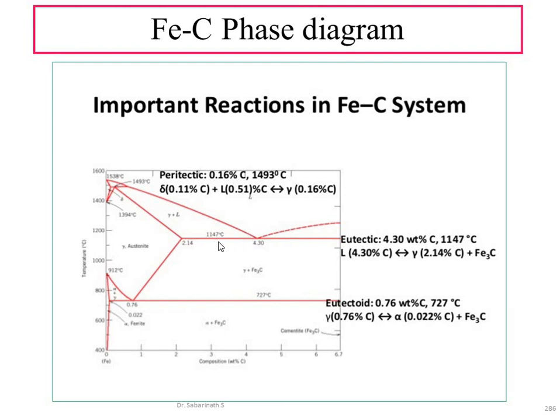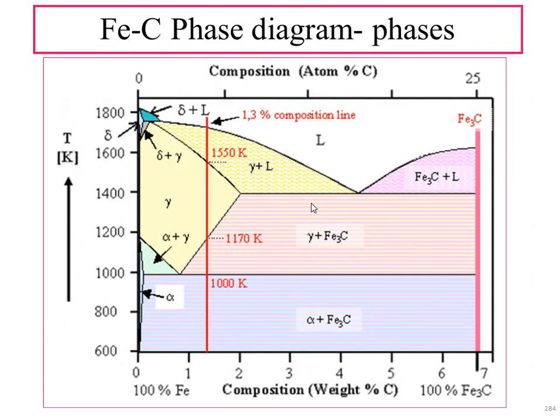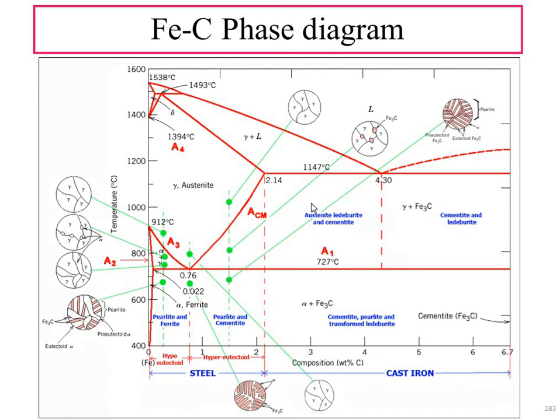Next is the eutectic reaction, which occurs at 1147, where the liquid phase is converted to gamma plus iron carbide. Third is the eutectoid reaction, which occurs at 727 degrees centigrade, where the gamma phase turns into alpha plus iron carbide. So these are the important reactions seen here. This is what the iron carbon diagram tells us.